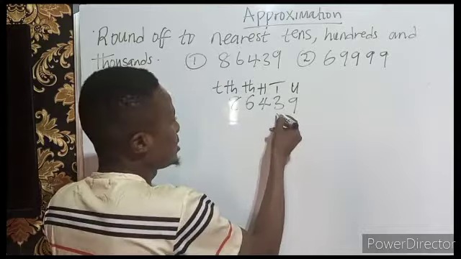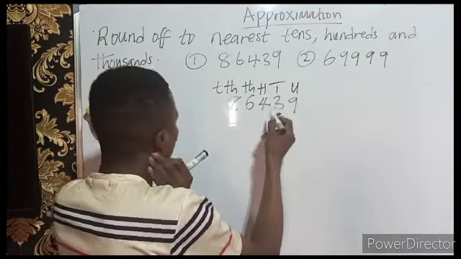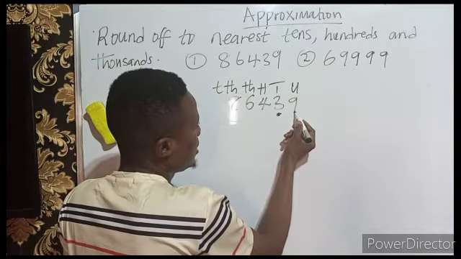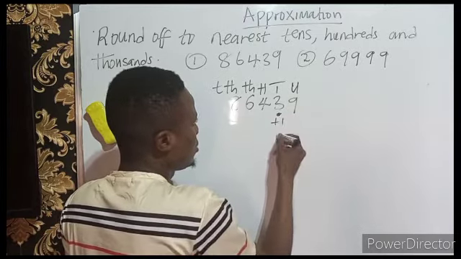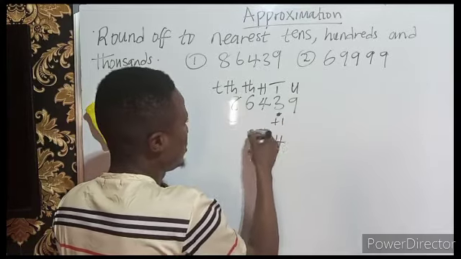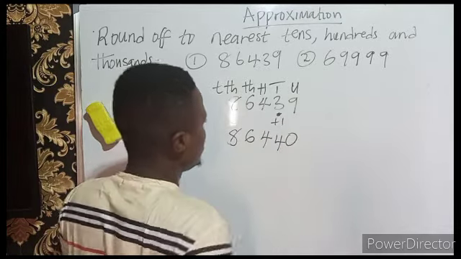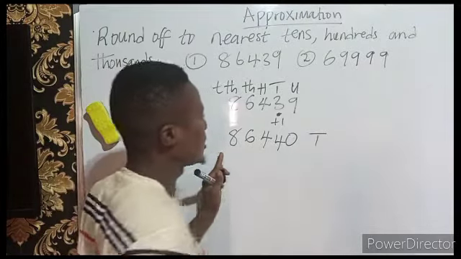So for the nearest tens, you have not this number 3 because tens is above 3, so 3 is our target. Now the next number after this 3 is 9 and is up to 5. So you add 1 to 3, 3 turns to 4. You have your 4, you have your 6, you have your 8. Then this next number turns to 0. So this is just the answer to the nearest tens.